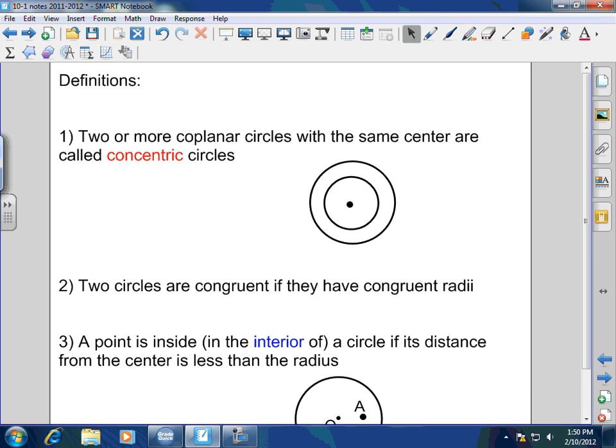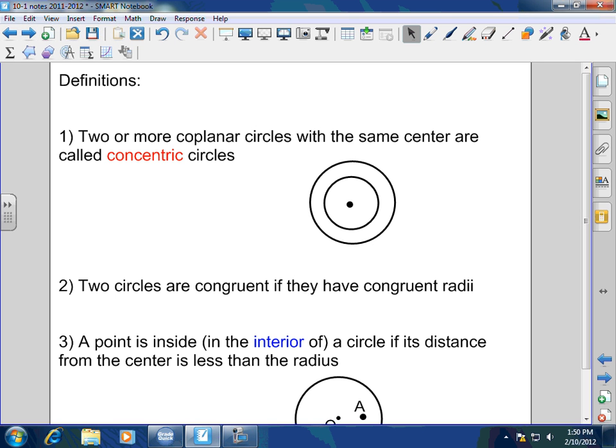All right. Now, let's continue with some more definitions. Very simple definitions, but still very important. When you have two or more coplanar circles that have the same center, they're called concentric circles. So these are circles that share the same exact center.